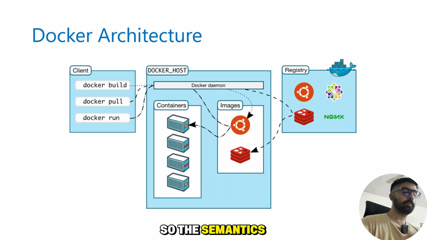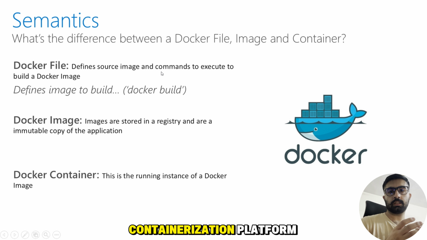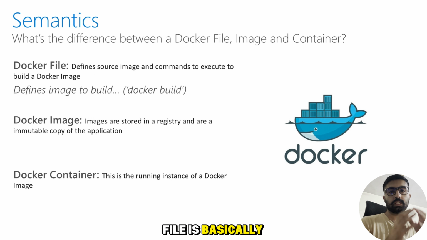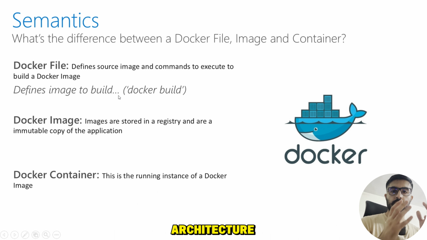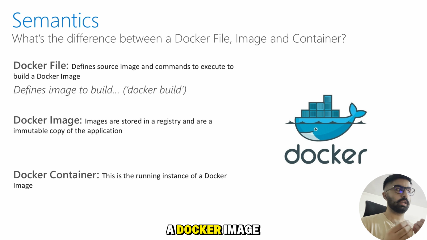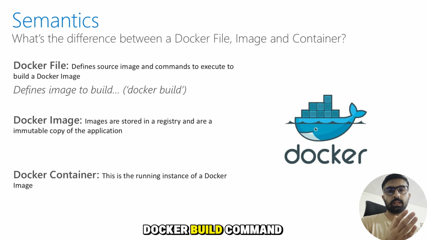We need to understand the semantics of the Docker containerization platform. What is the difference between a Dockerfile, an image, and a container? A Dockerfile defines a source image and architecture and the commands to execute to build a Docker image. It defines the image to build, which is the Docker build command.